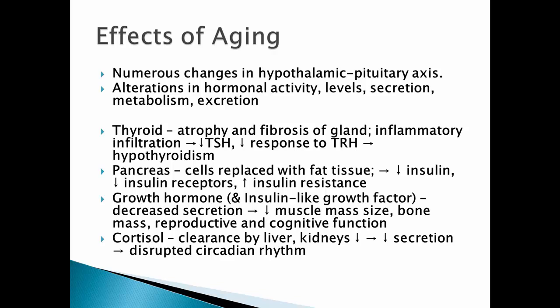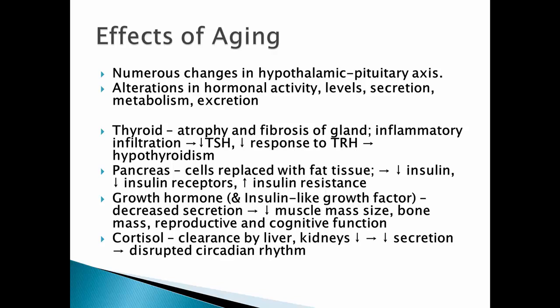So in the thyroid, when we look at the gland itself, there tends to be, as we get older and older, some degree of atrophy and fibrosis of the gland. There also is likely to be some inflammatory infiltration of the thyroid gland itself.